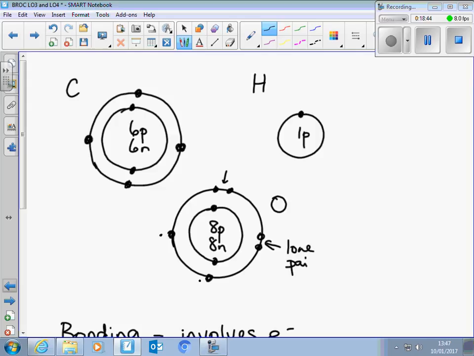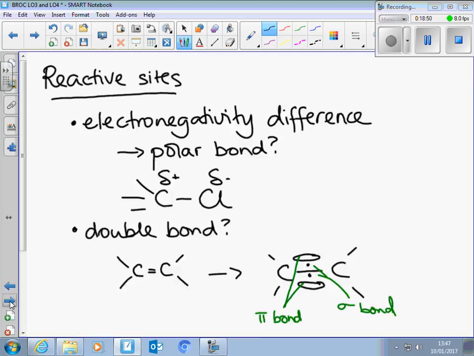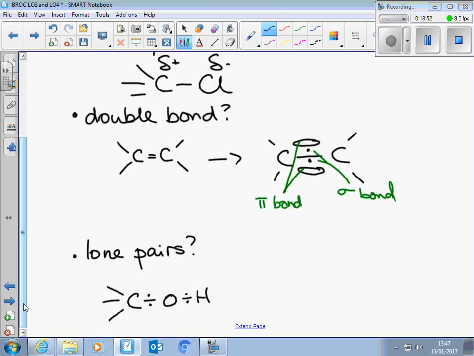Okay, they're not involved in the bonding, but they're just sitting around, these little negative clouds of electron presence.